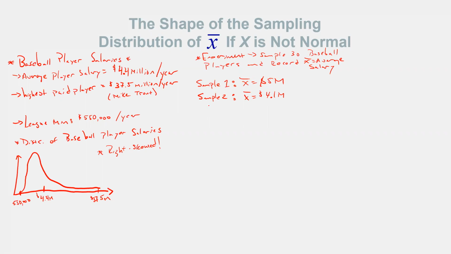If I did this 100 times, let's say the last sample average ended up being 4.4 million exactly. So I have 100 sample means. What would the distribution of these sample means look like?